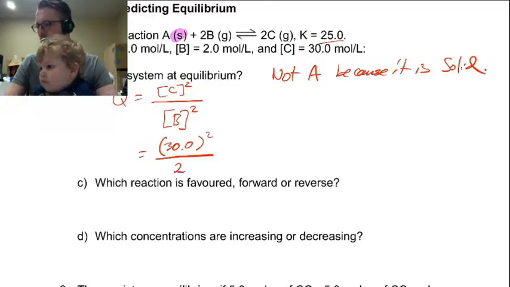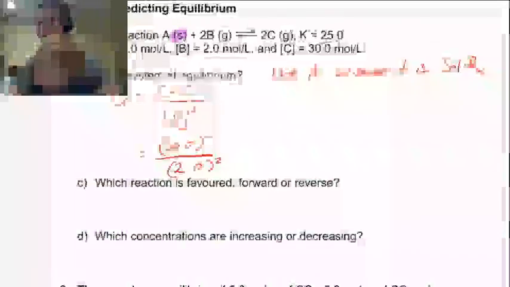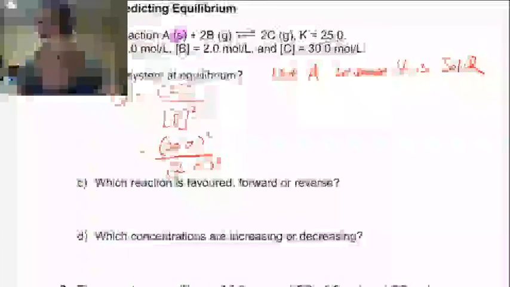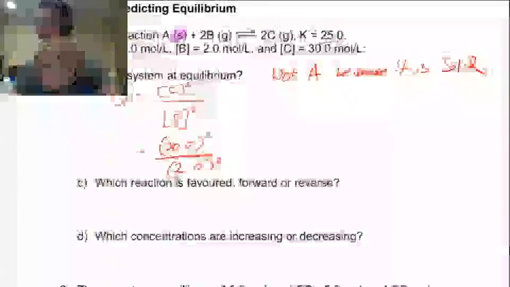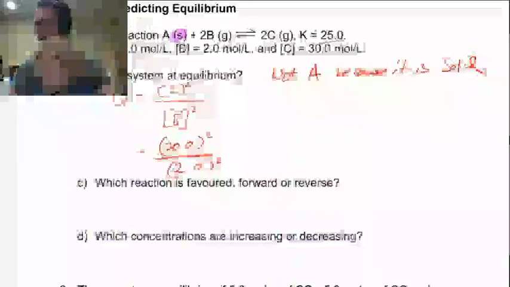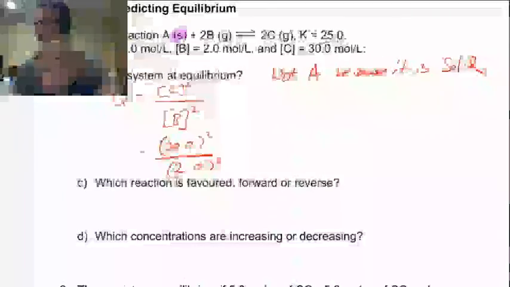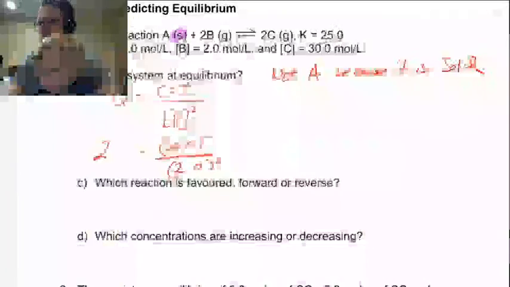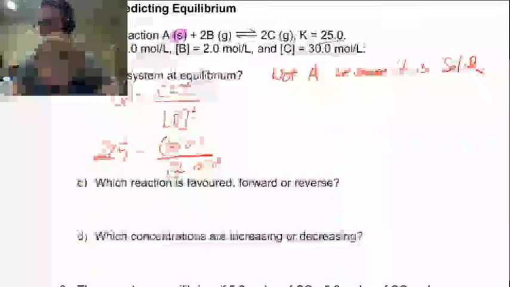And then we have a 2.0, which is also squared, so that's 4. So 900 divided by 4 is 225. So 30 squared divided by 2 squared is 225.